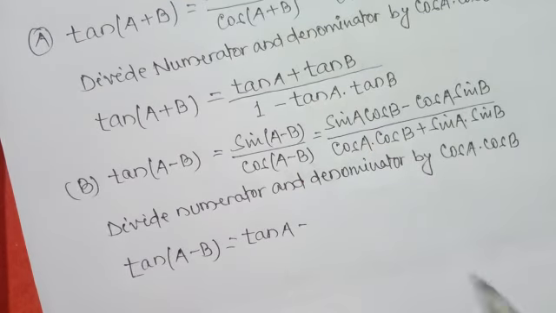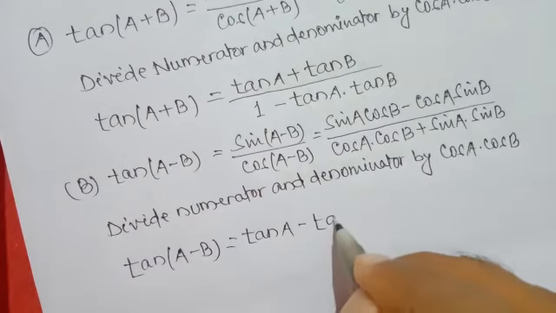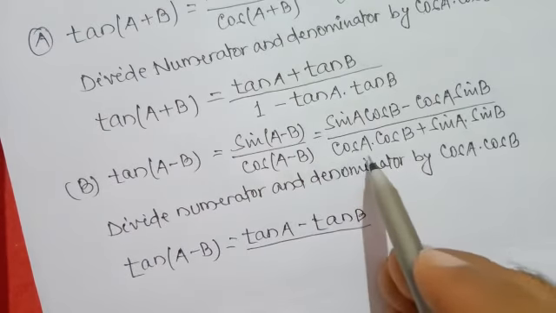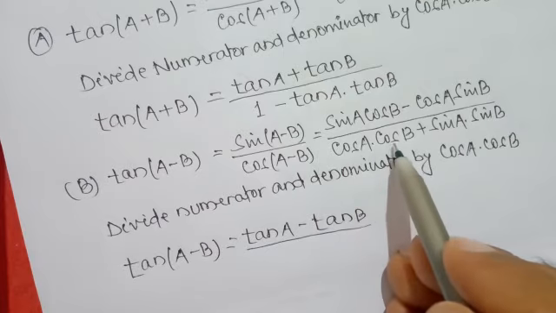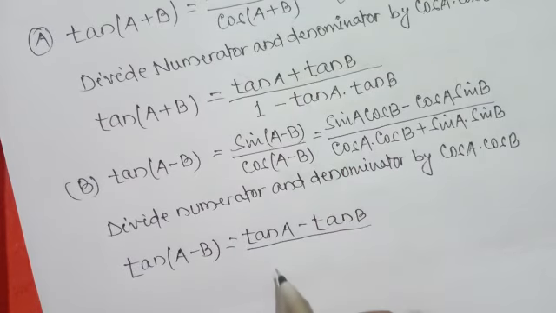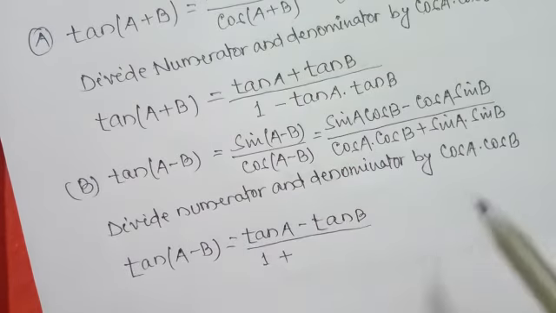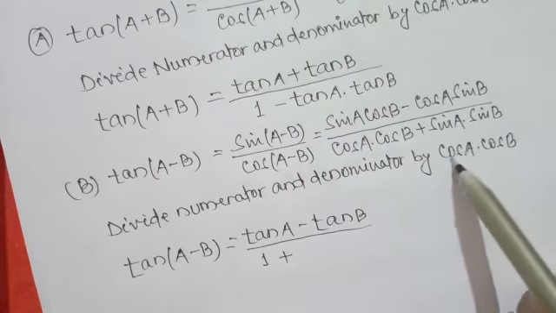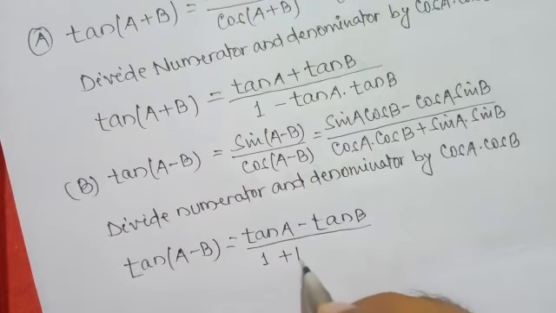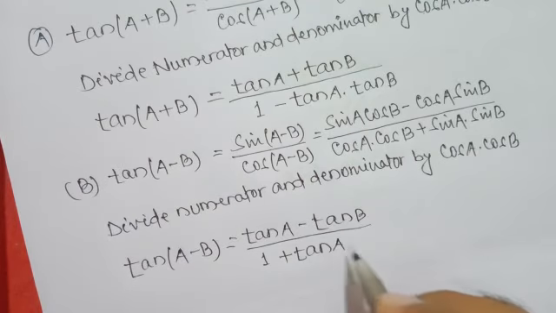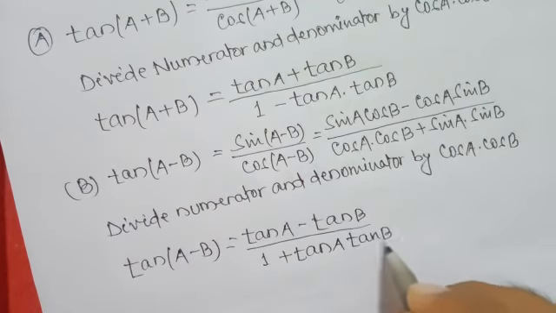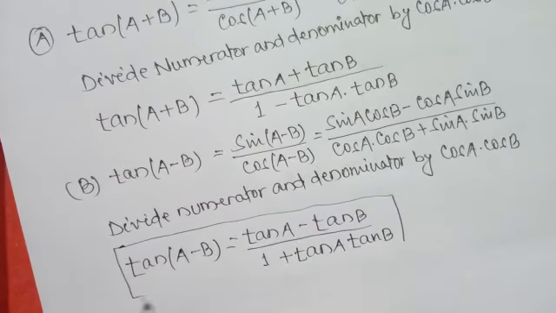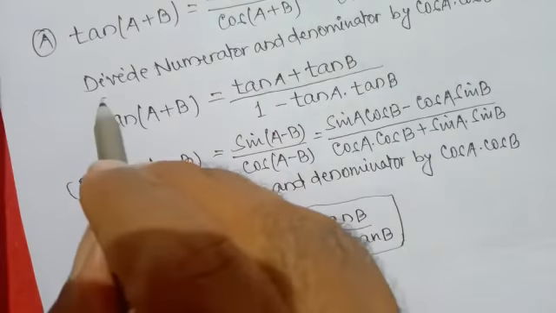Sin B upon cos B is left, which is tan B. So it is tan A minus tan B. In the denominator, when divided by cos A cos B it becomes 1, and the next one is sin A sin B, which when divided by cos A cos B will be tan A tan B. So in this way we derive the formula. You must know the derivation as well as use it as an identity.